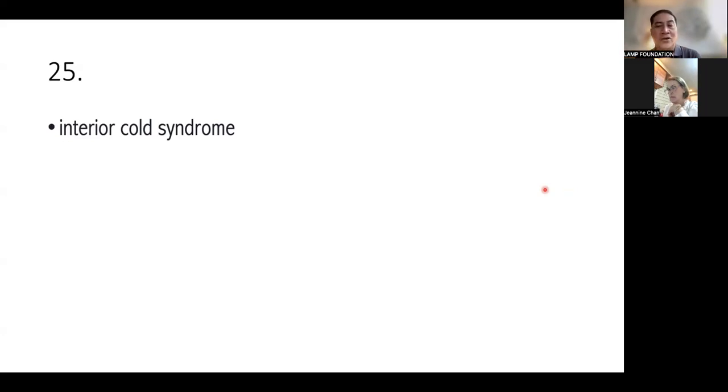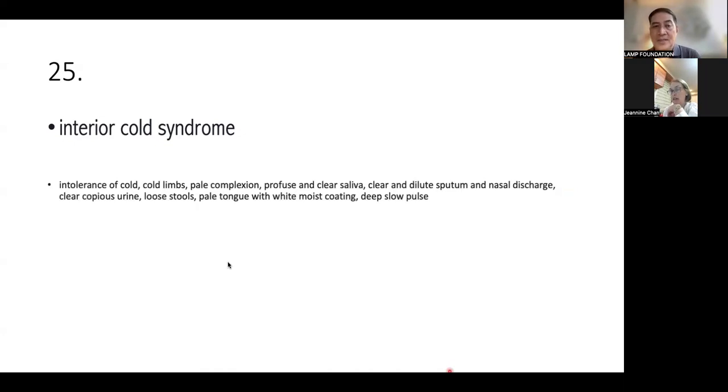That's why I told you, you have to look at the tongue and pulse. Exterior is superficial or floating. Interior is deep, and then the coating would be thick. So the same thing, the same clear copious urine, but this time, the pulse is deep and slow. Make sense?